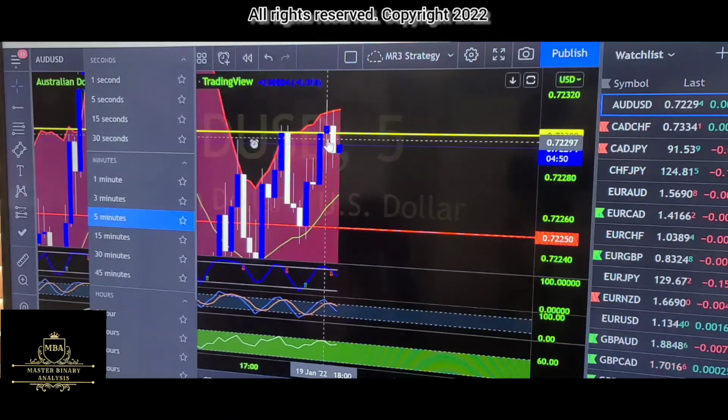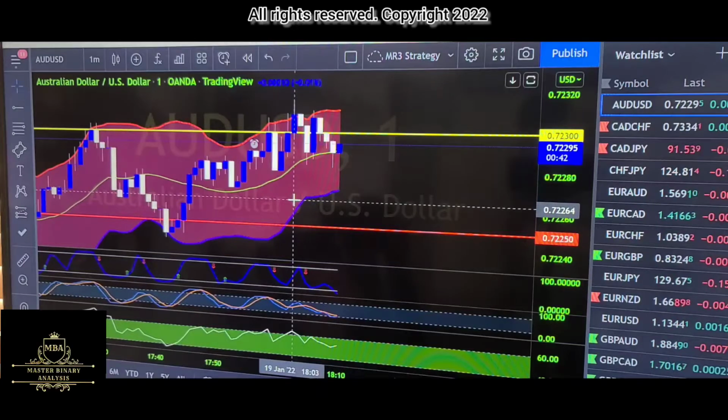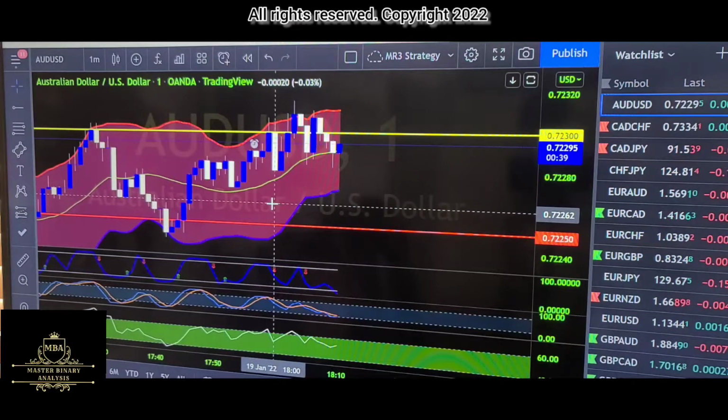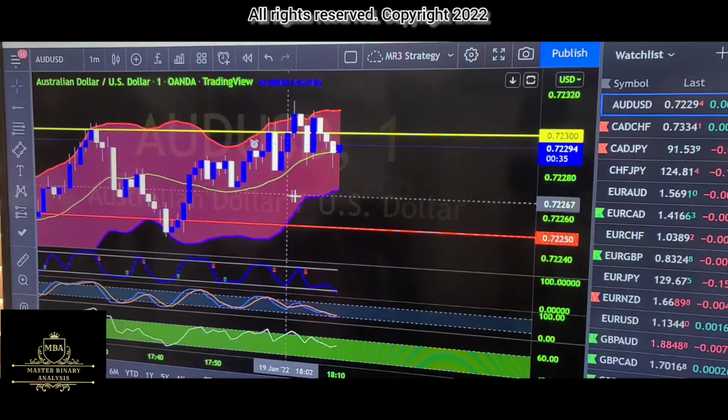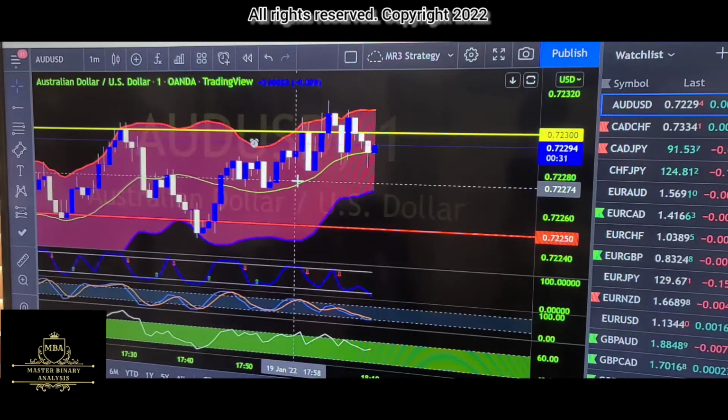So again, we're going to look here. The time was 17:55, so I'm going to go here to the 1 minute. So 17:55 area, when it came up here, where are we? Well, that was on a 5 minute, so it's got to be somewhere in this general area.